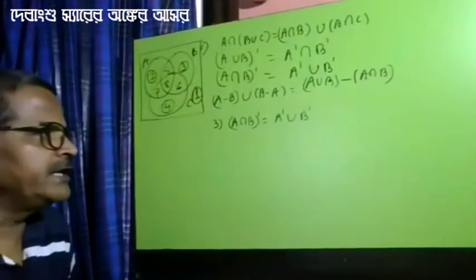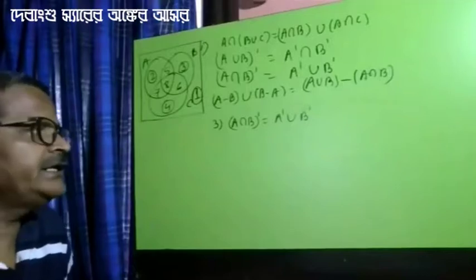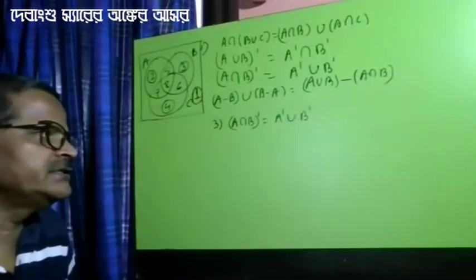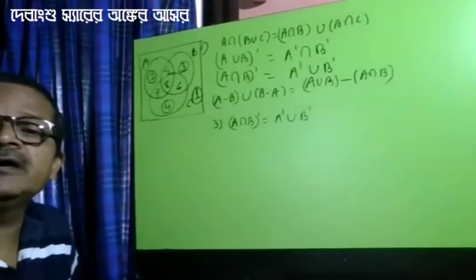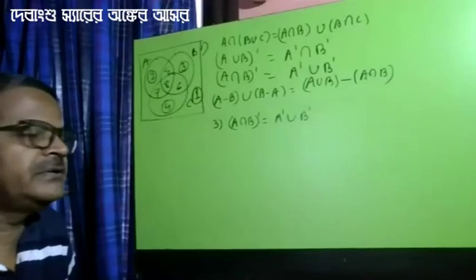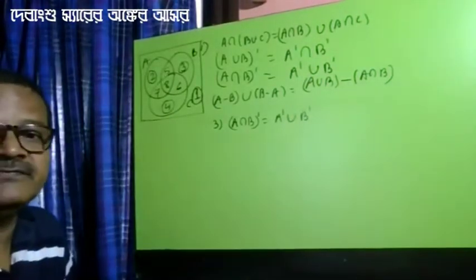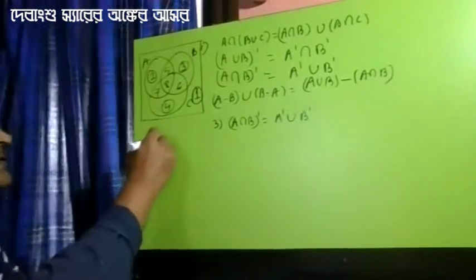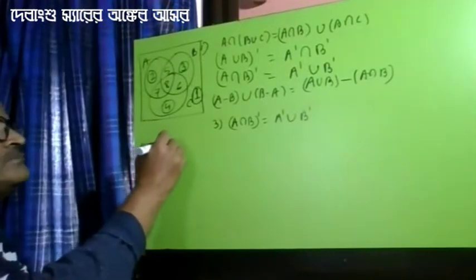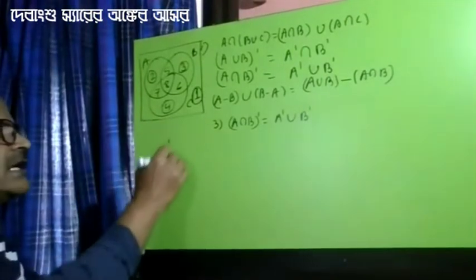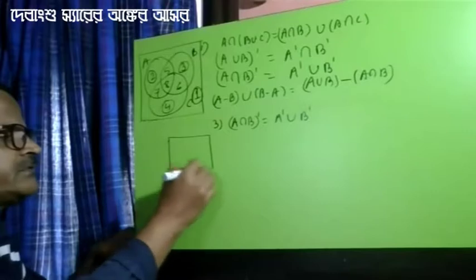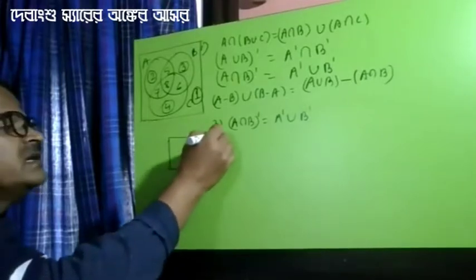Now I will prove that (A intersection B) complement is equal to A complement union B complement for any two sets by Venn diagram. So the first diagram, I don't have to explain anymore.